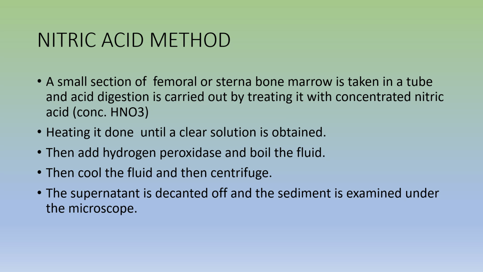Then hydrogen peroxide is added to that clear solution and it is boiled again. After boiling for some time, it is cooled and then centrifuged. By centrifugation, we get the supernatant and the sediment. The supernatant is decanted off and the sediment is observed under the microscope. If diatoms are present, we will get to see them under the microscope.